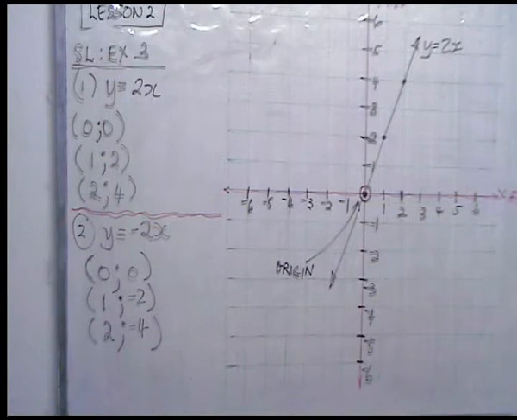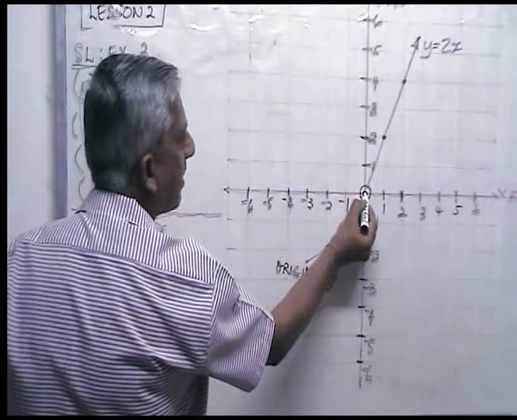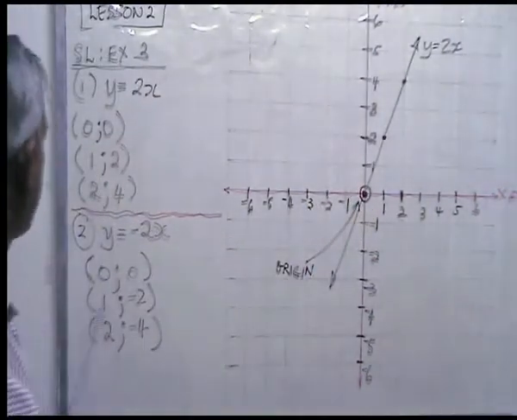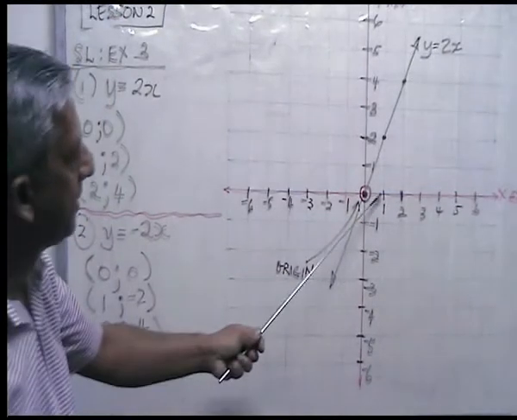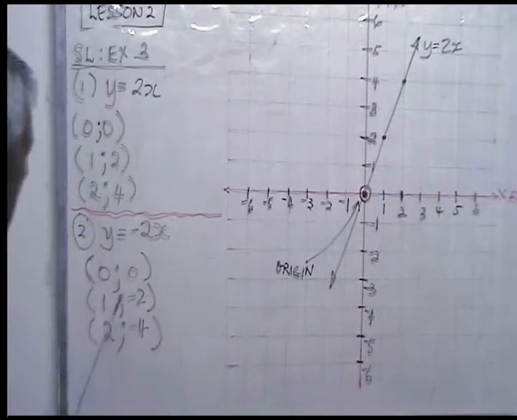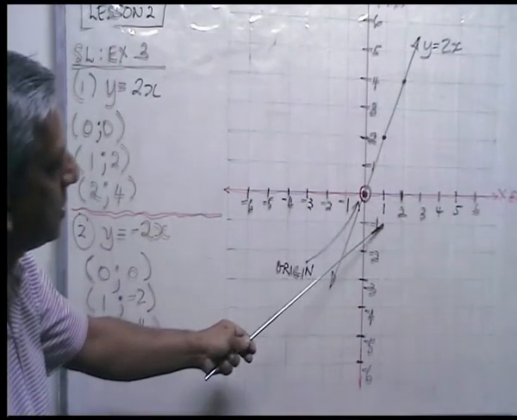Okay, now in the next one, your first ordered pair is (0, 0). So you know (0, 0) is at the origin. So your first ordered pair comes here. Your next ordered pair is (1, -2). There's 1. But it goes down, minus 2, so it must go down from there to minus 2, straight in line.